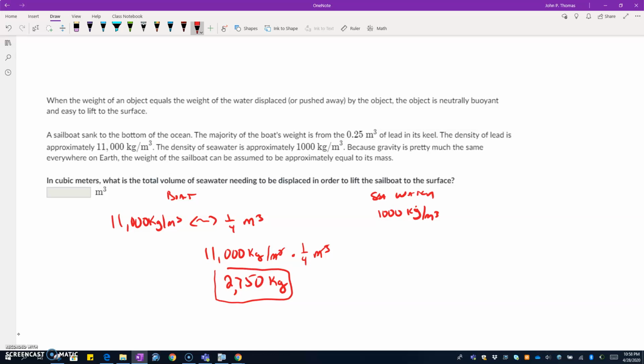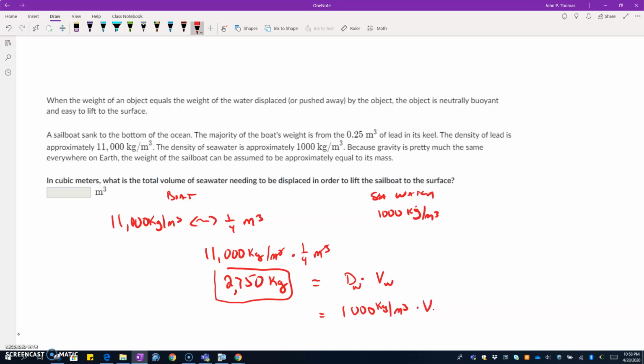All right, now we're going to look over here. If we take the density of the water times the volume of the water, that would give us the weight of the water. So we know one component of that: the 1,000, the density, kilograms per meter cubed.